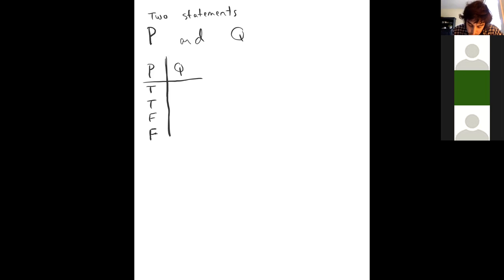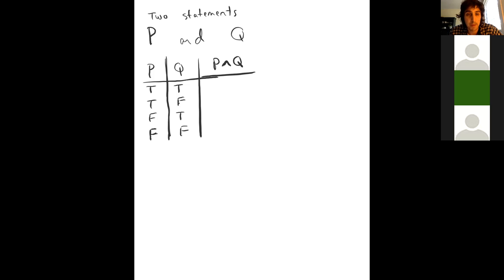Given two statements P and Q, either they're both true, P is true and Q is false, P is false and Q is true, or they're both false. One of these four cases has to happen. But the question now is, what is the truth value of P and Q? You should all know this. When is P and Q true?